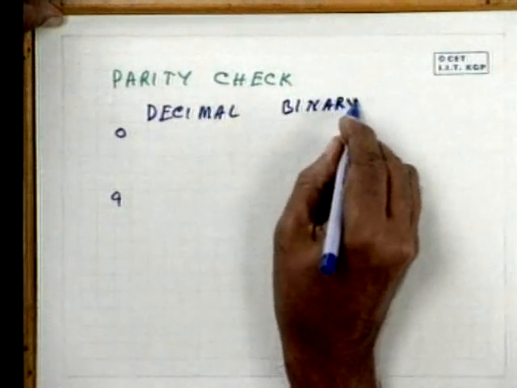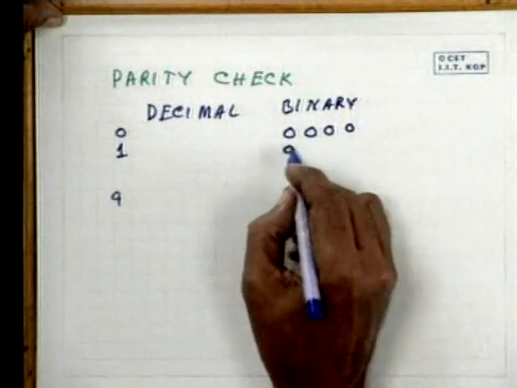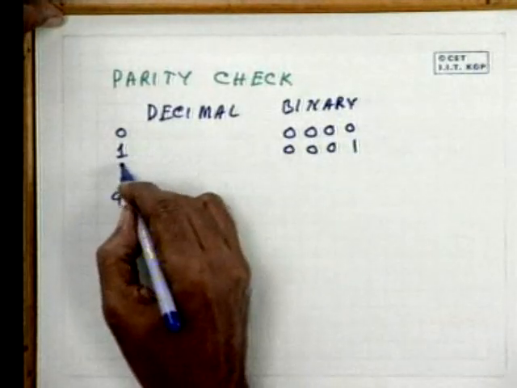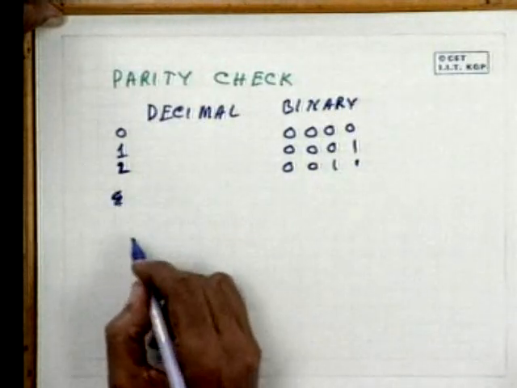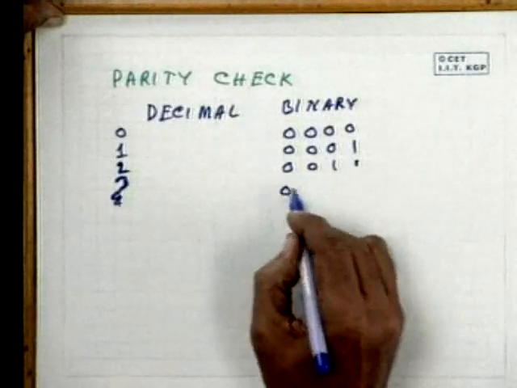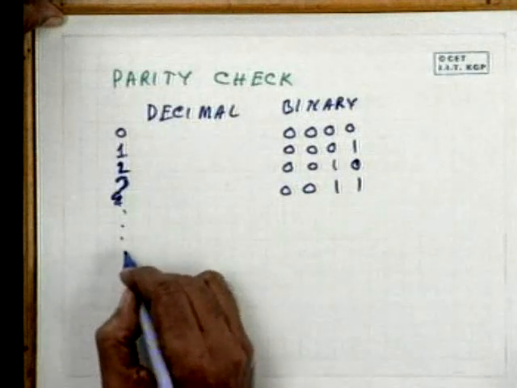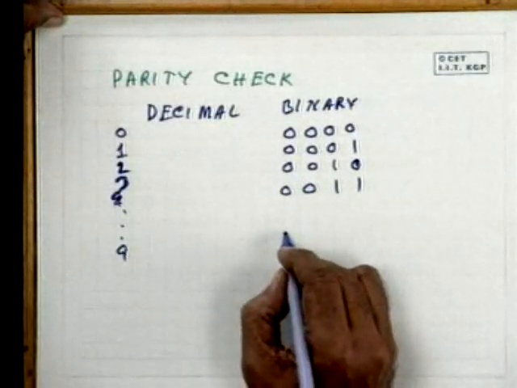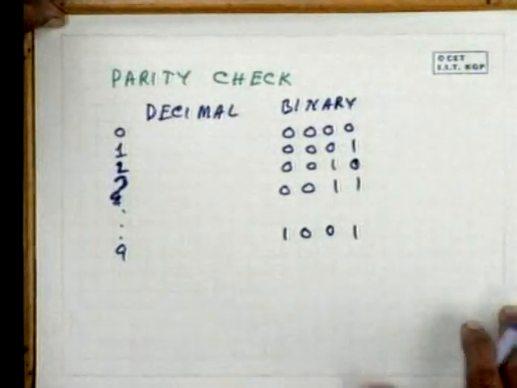You know the binary coding. 0 0 0 0 for 0, for 1 it is 0 0 0 1, for 2 it is 0 0 1 0, and for 3 it is 0 0 1 1, and in this way you can go up to, let's assume, 1 0 0 1. This is your 9.